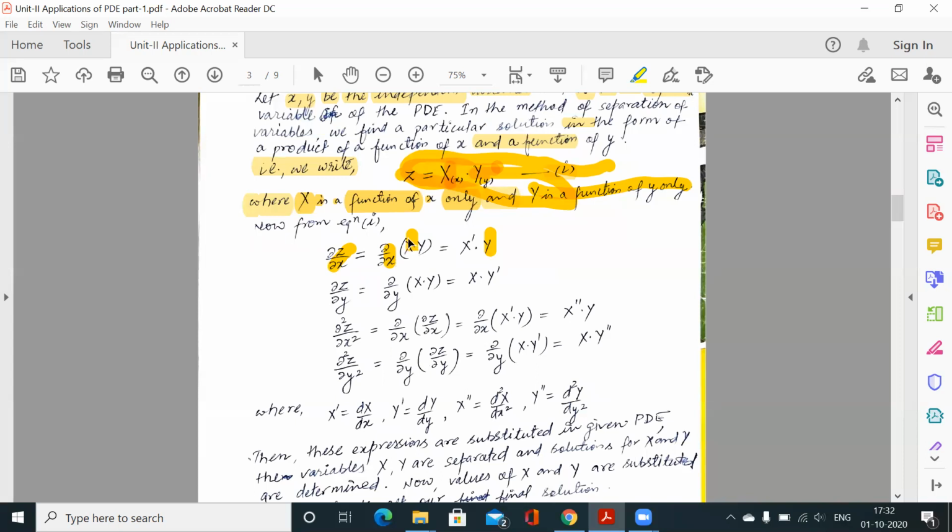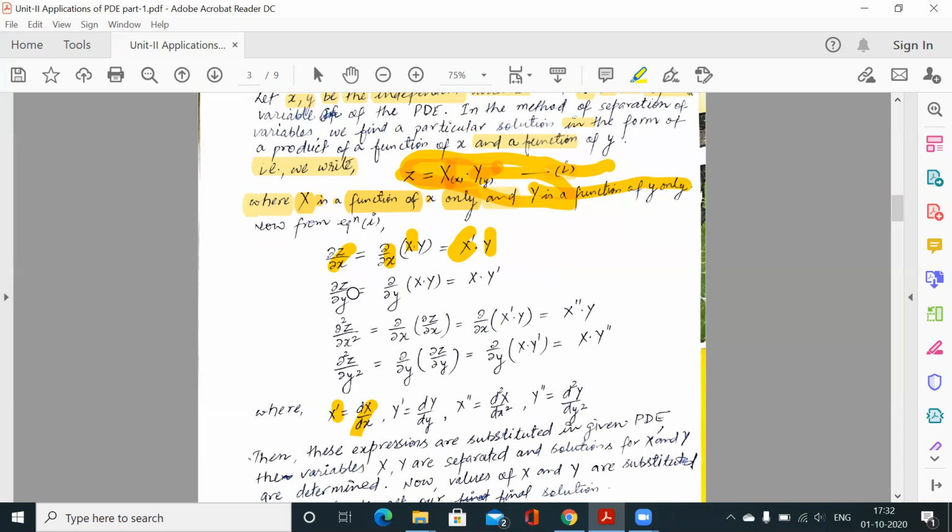Because capital X is a function of x only, the derivative would be ordinary. So this is X dash. X dash is dX over dx, the differentiation of capital X with respect to small x. This is an ordinary derivative because X is a function of one variable only, small x.